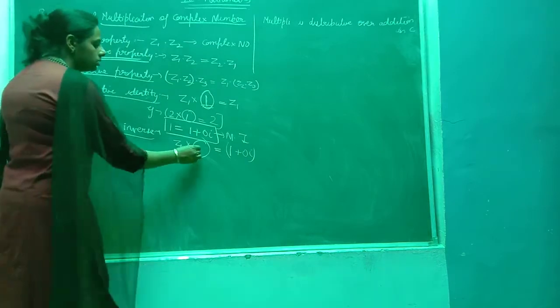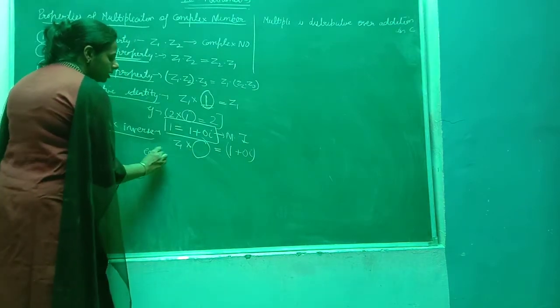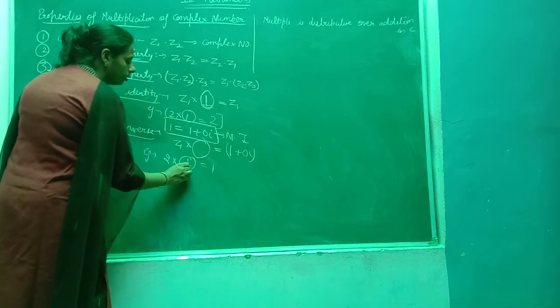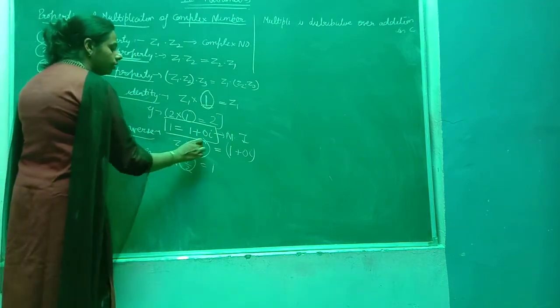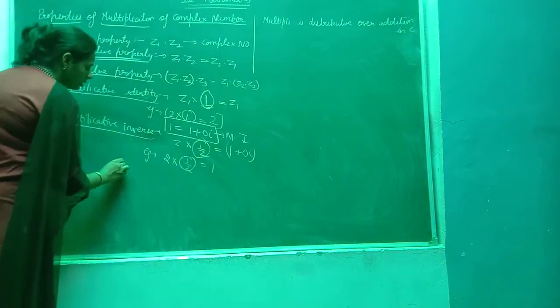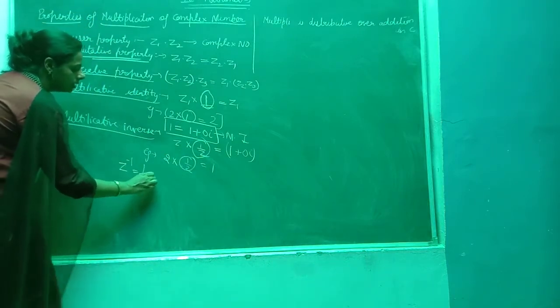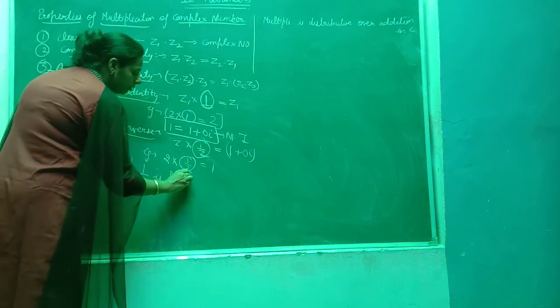Again take the example 2: by what should you multiply 2 so that you get 1? That is 1 by 2. Here you get 1 by z. So you can write 1 by z is equal to z inverse, or 1 by z is the multiplicative inverse of z.